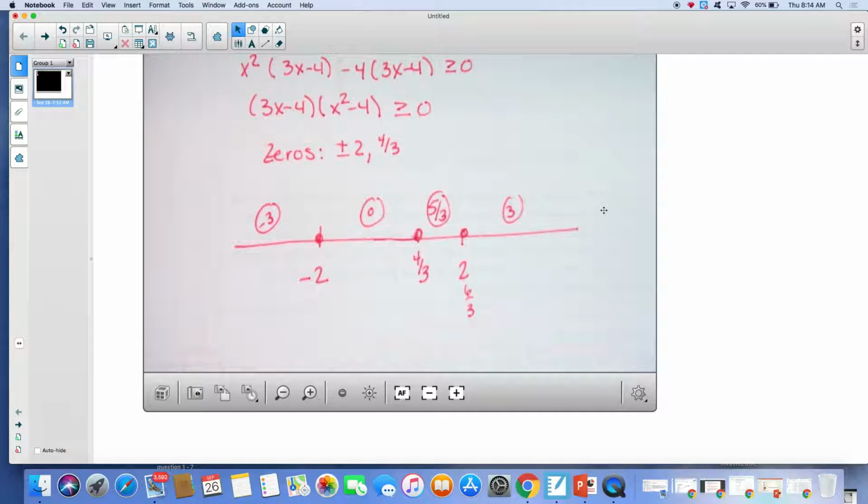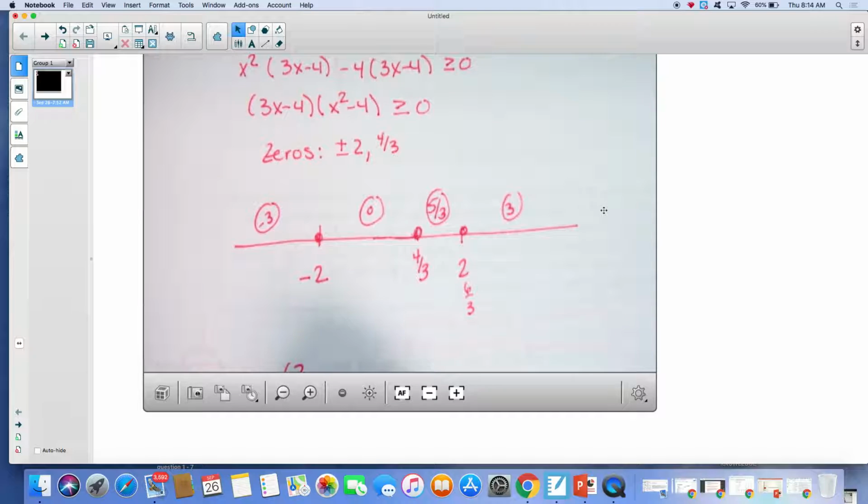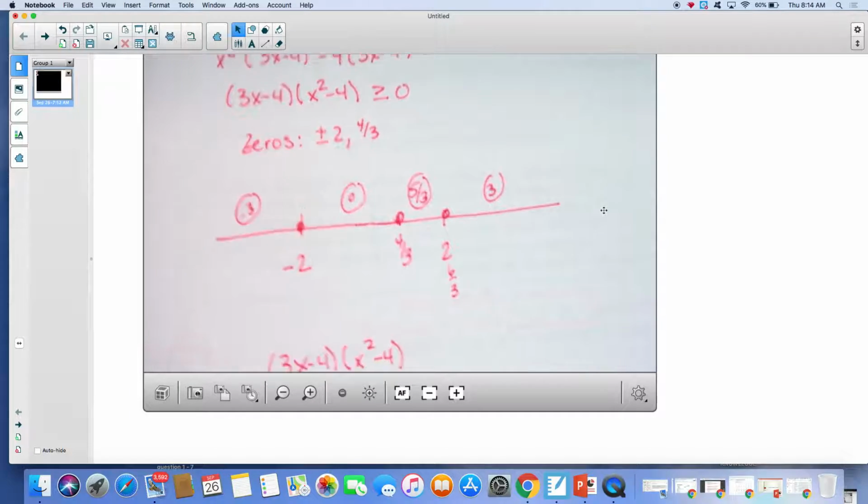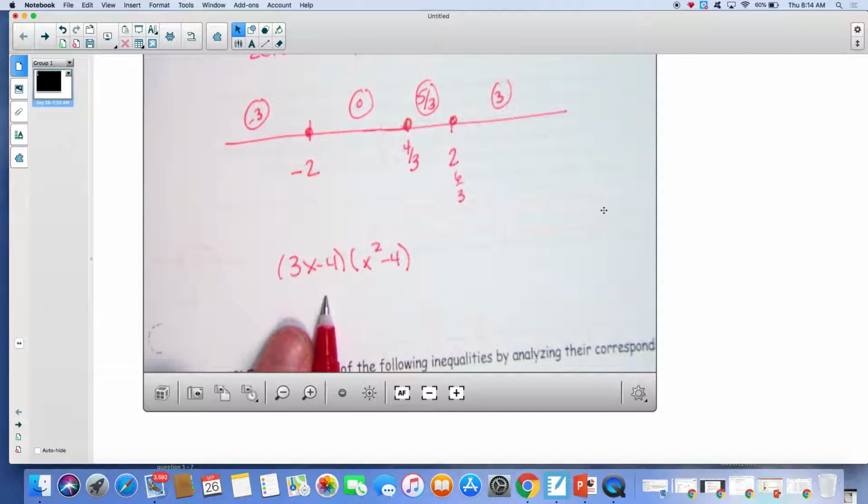Now, does the numeric value matter? We're just looking for when this is positive or negative. So do I care if it's a positive 12 or a negative 12? The only thing I care about is the sign. So if you look at 3x minus 4 and x squared minus 4, when I plug in a negative 3, is this going to be positive or negative?